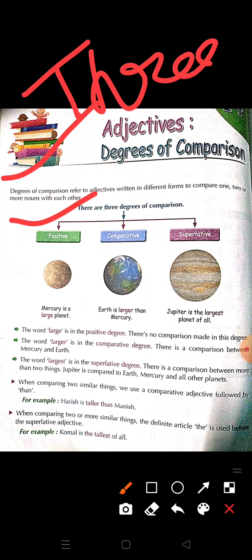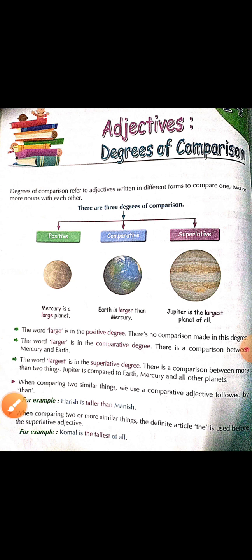Okay, so what are those? Positive, comparative, and superlative. Positive is the base form, meaning the base word, the original word.